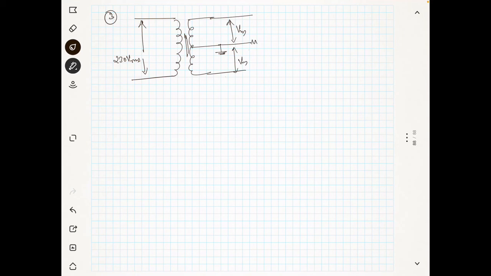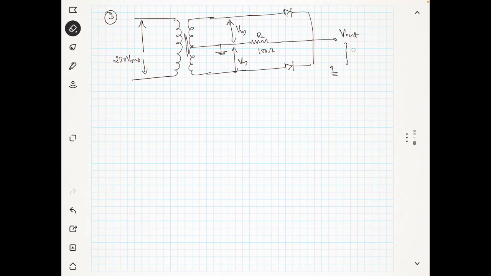You can see here this is a 100 ohm load which is RL, and you have the diodes like this. Now you will take the output between this and the ground. So this is your output.